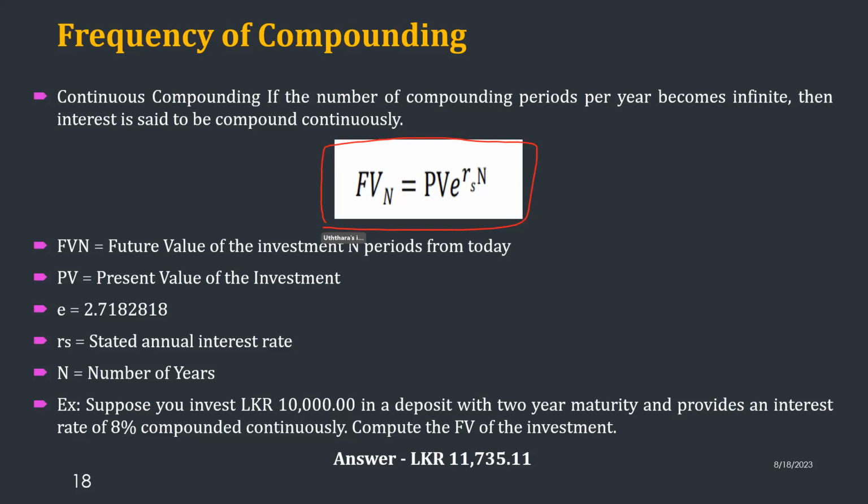You can see 10,000 rupees, that is the present value, and 2 years maturity, that is N, and it provides interest compounded continuously.